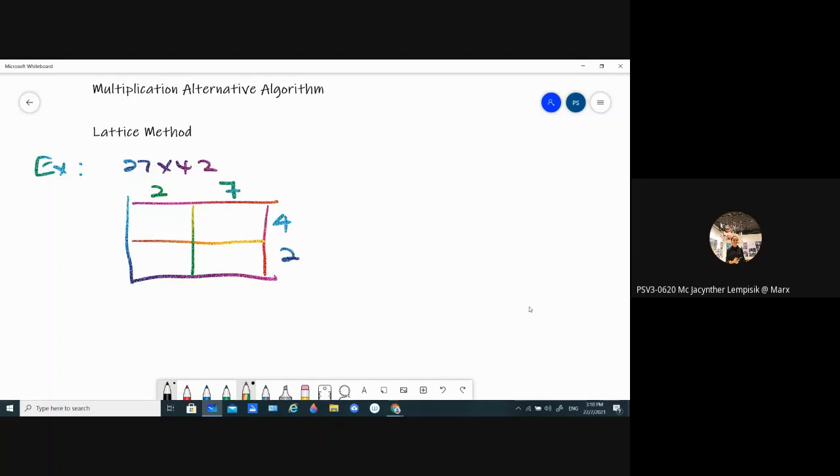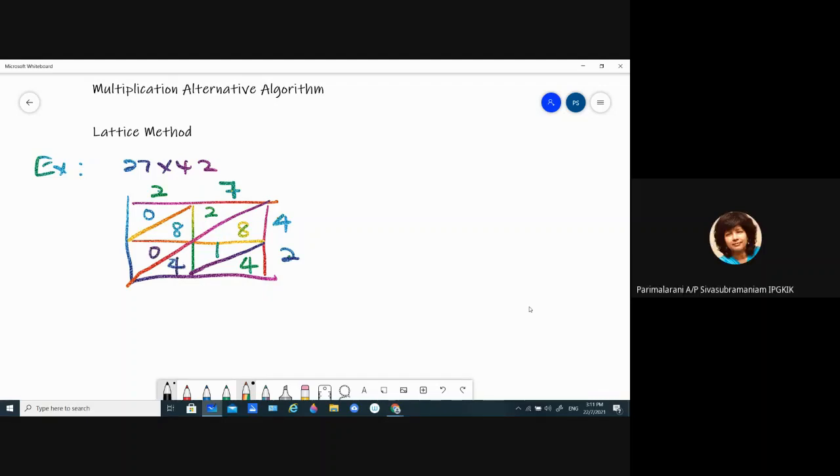27 times 42, and then you draw lines like this along the diagonal, just like how we did for addition. Now we start multiplying. 7 times 4 is 28. The 1s digit is always at the bottom, the 10s on top. 7 times 2, 14, 4, 1. 2 times 4, 8, 8, 0. 2 times 2, 4, so 4 and 0.